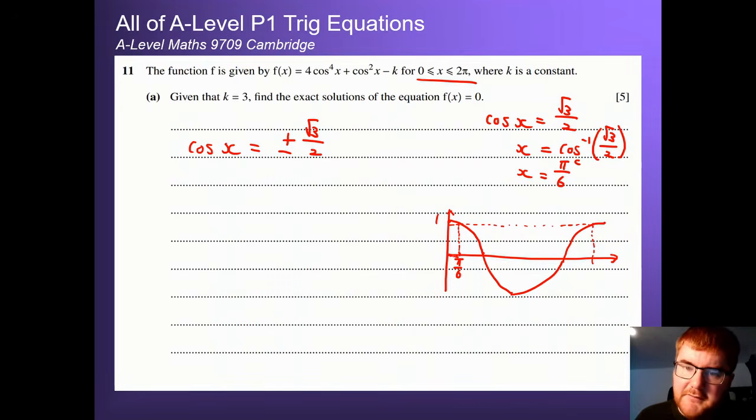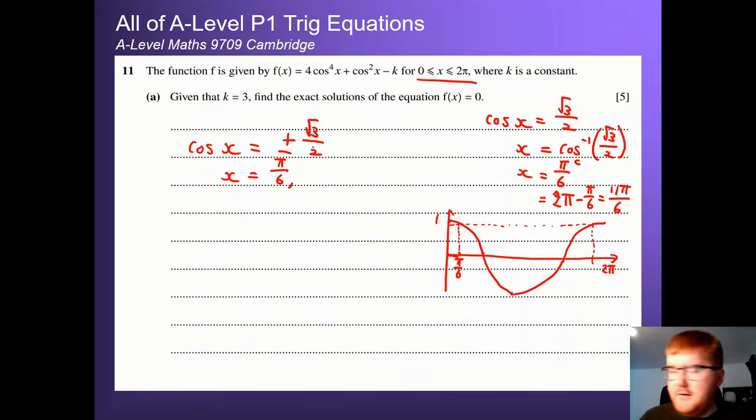And if this is pi over 6 here, this answer is 2 pi. So to work out the other solution, we need to do 2 pi minus pi over 6. And that's going to give us 11 pi over 6. Fraction skills are very important, particularly in trig. So far we've worked out two solutions. So we've worked out pi over 6 and 11 pi over 6.